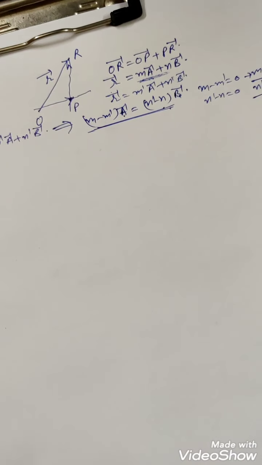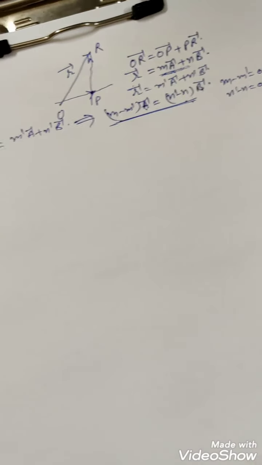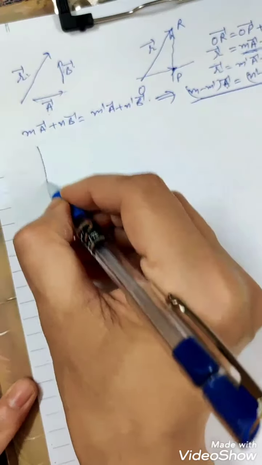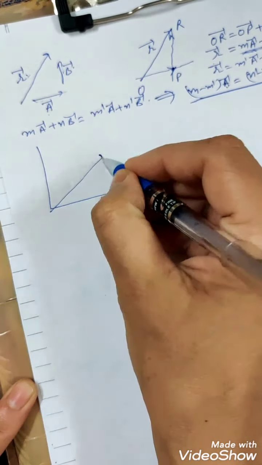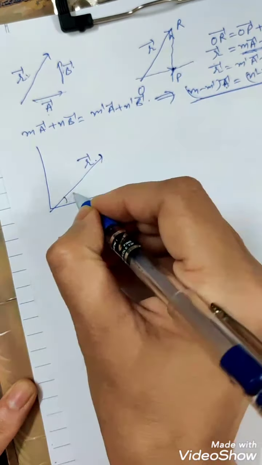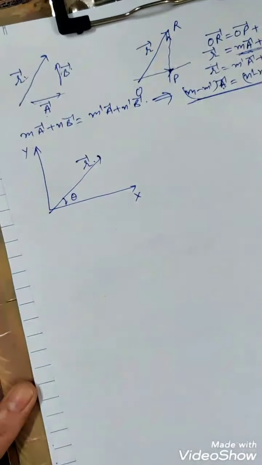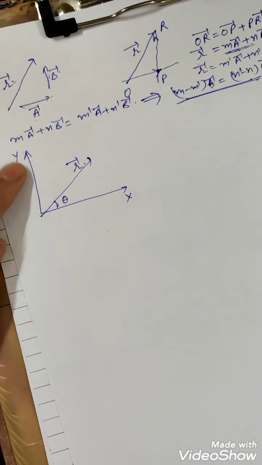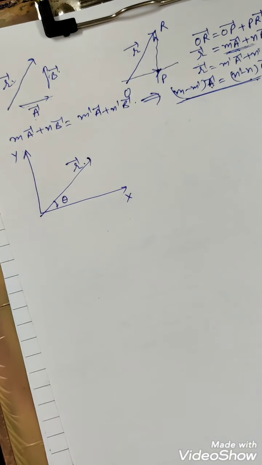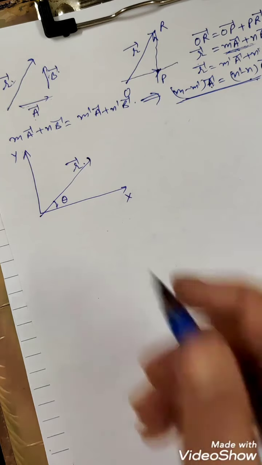This means a given vector, when resolved in given directions, must give a unique pair of values. And if the vector is resolved, say this is a vector at angle theta, into x and y components along the axes, and these two are perpendicular to each other, they are called the rectangular components of the vector.